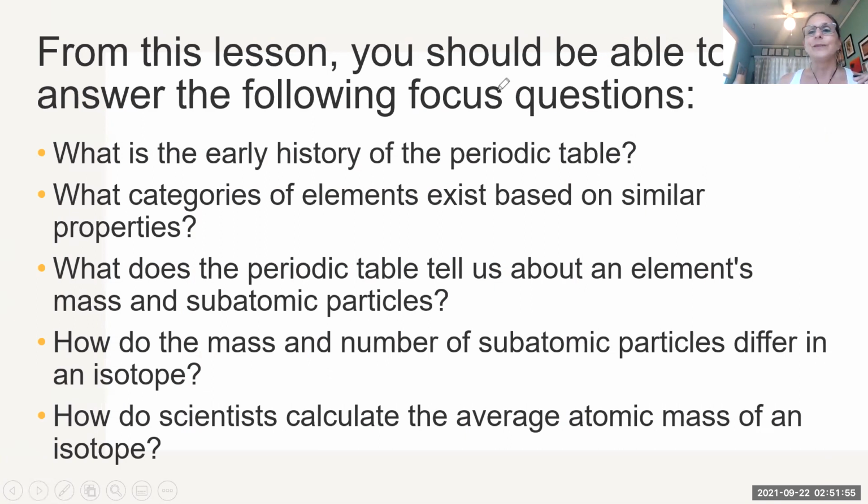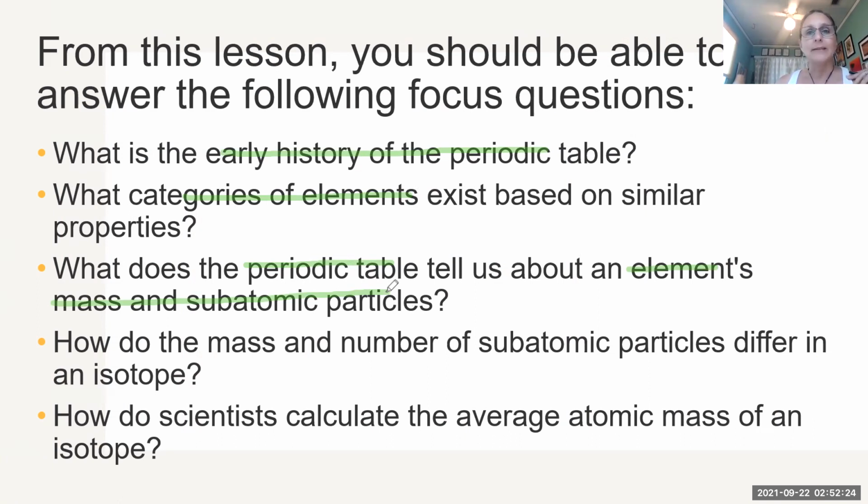So, from this lesson, you should be able to answer the following questions. What is the early history of the periodic table? Mendeleev, and he organized it according to increasing atomic mass. What categories of elements exist based on similar properties? That would be metals, nonmetals, and metalloids. What does the periodic table tell us about an element's mass and subatomic particles? The atomic number tells you the number of protons, and it also tells you the number of electrons.